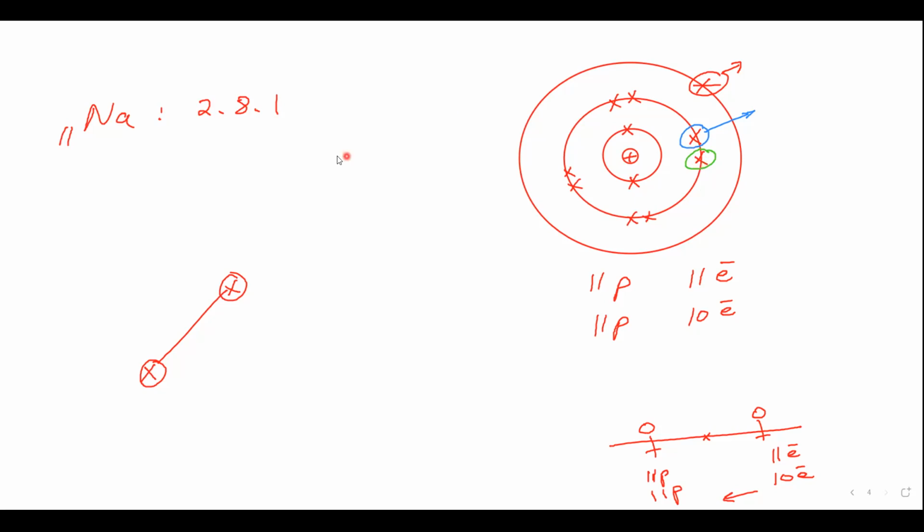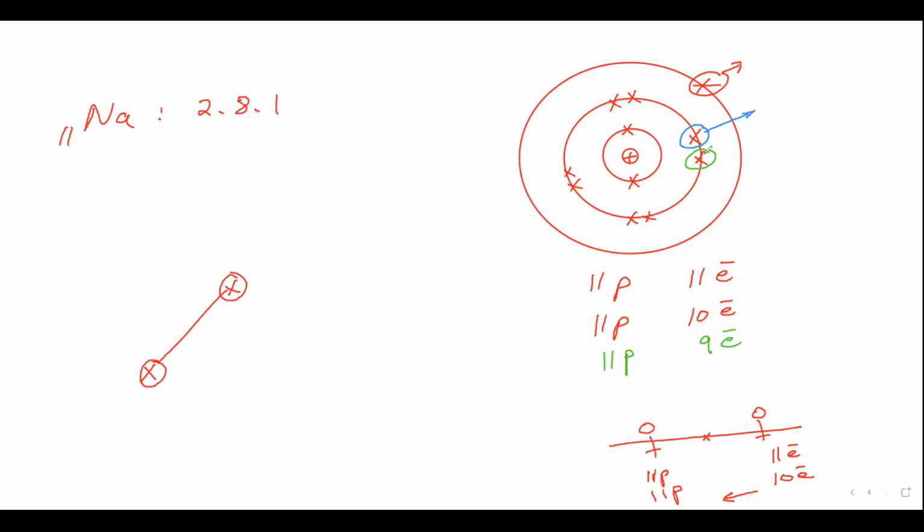Yes, Yamavi, excellent. Since this electron is present in the same energy shell as the second one, maybe someone will say it will need the same amount of energy because it's at the same distance away from the nucleus. Yes, that's correct. But you should remember that here we have 11 protons pulling now 9 electrons instead of 10.